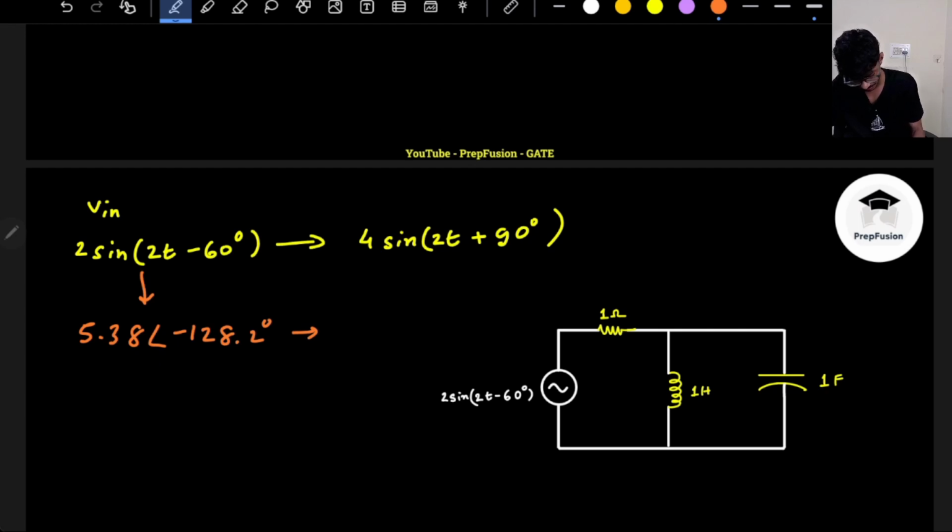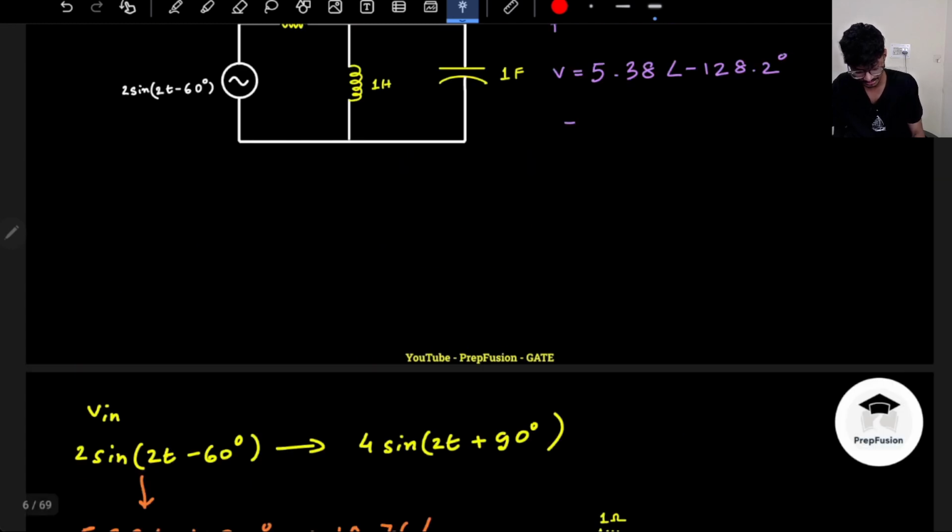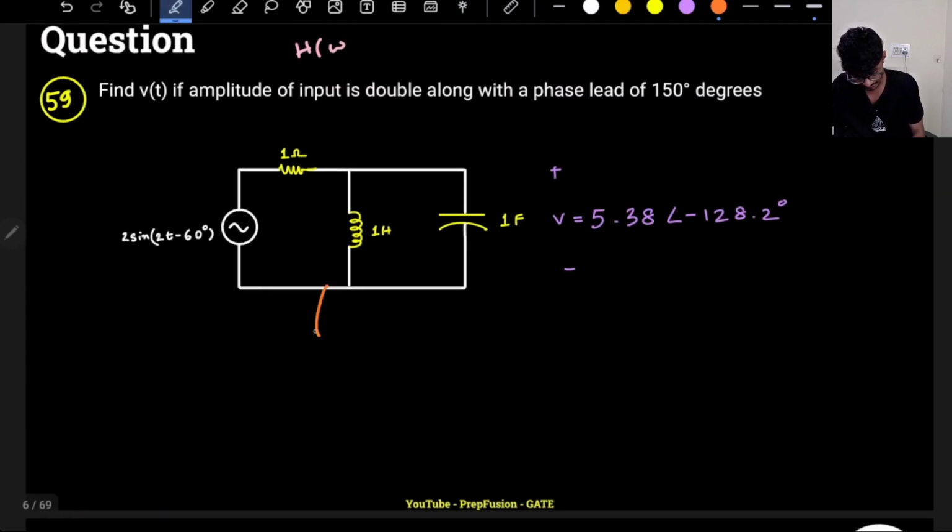This will also be doubled, right? So if I double, this will be 10.76 angle. Now I have to add a phase lead of 150. Because I have added a phase lead of 150 and it is a simple linear circuit containing only the elements L, R and C, of course it will follow the property of linearity.